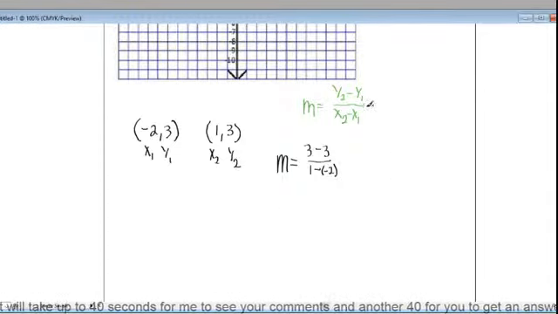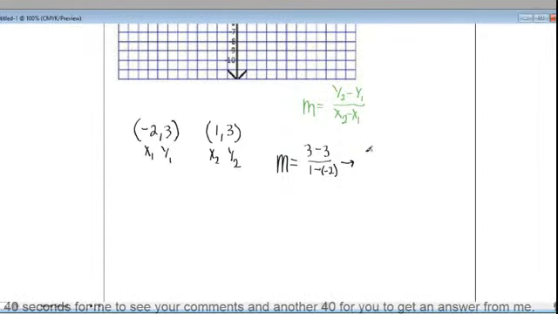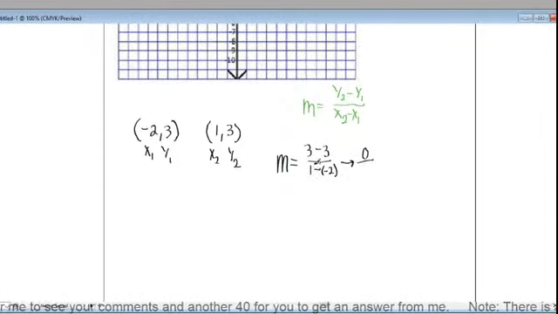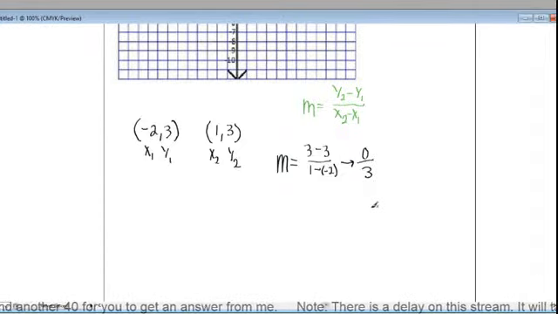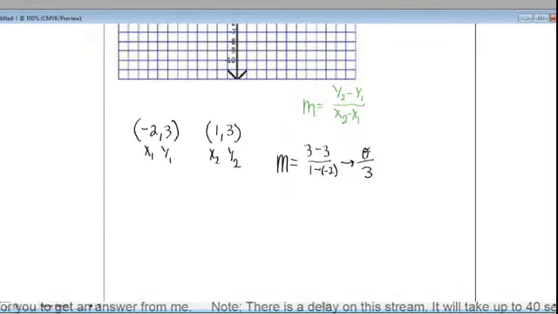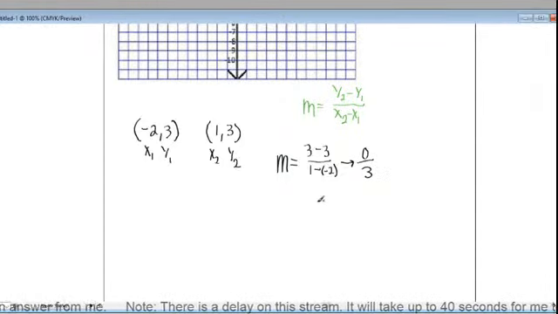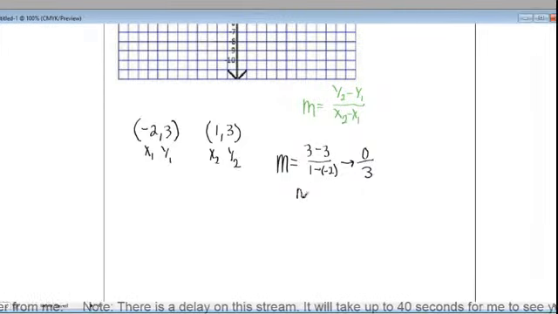Well, 3 minus 3 is 0, so the top part will be 0. And then the bottom part here, 1 minus -2, minus negative means plus, so 1 plus 2 is 3. Alright, well we can simplify this fraction here because 0 divided by anything will be 0. Which means that our slope m is 0.